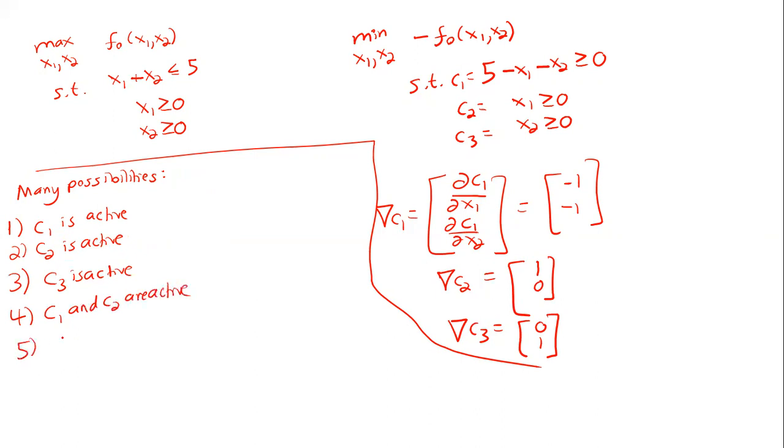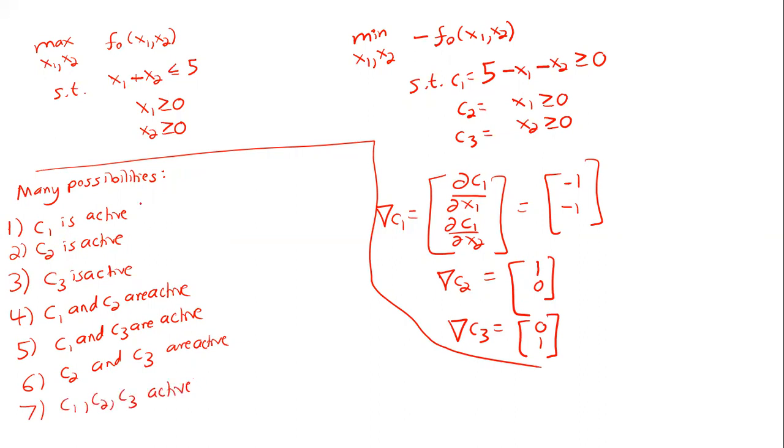I could have that C1 and C3 are active. I could have that C2 and C3 are active. And I could also ask, could they all be active at once, C1, C2, and C3?